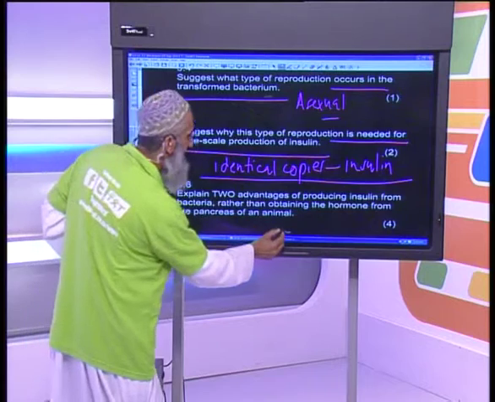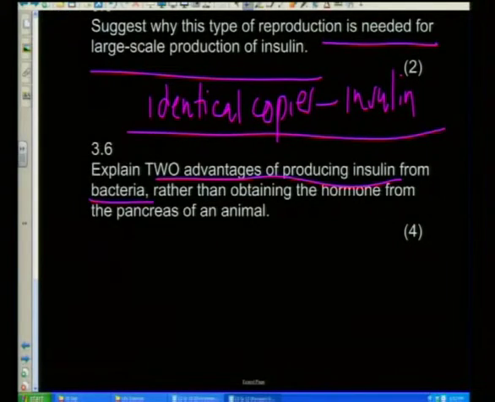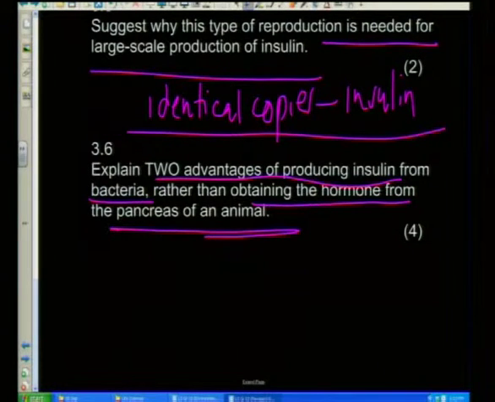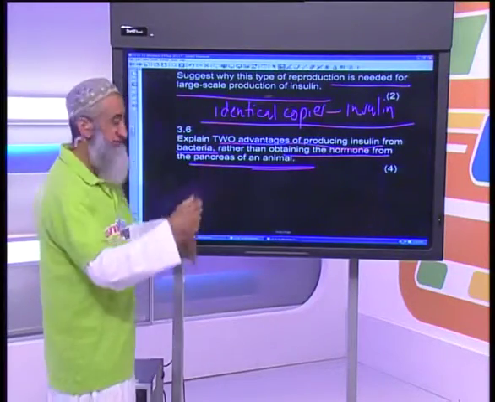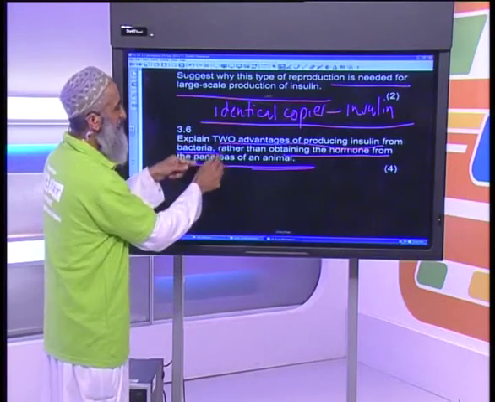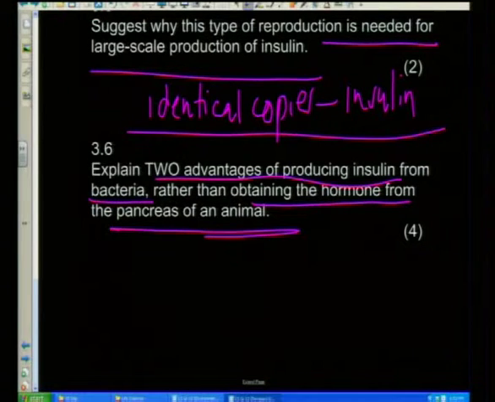Explain 2 advantages of producing insulin from bacteria rather than obtaining the hormone from the pancreas of an animal. Now, in this case, they can ask this question both ways. They're asking here the advantages of doing it this way. Or they could reverse it and say, explain 2 advantages of obtaining the hormone from the pancreas of an animal as opposed to getting human insulin.